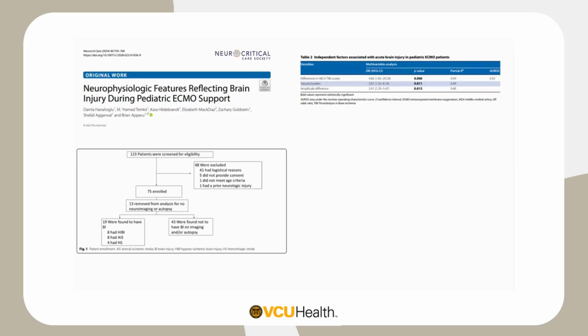Those were independently predictive. But the other thing we found was that if you estimated the TIBI score, the thrombolysis in brain ischemia score, of the left and right middle cerebral arteries and looked at the difference between the two, that difference was independently predictive of a patient having a brain injury.